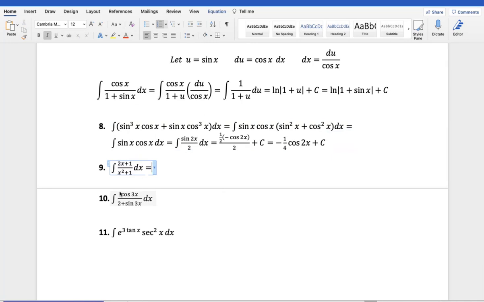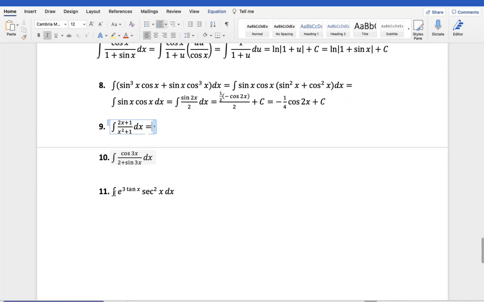Then if you apply that to the next example, which is dealing with the integral of 2x plus 1 divided by x squared plus 1.